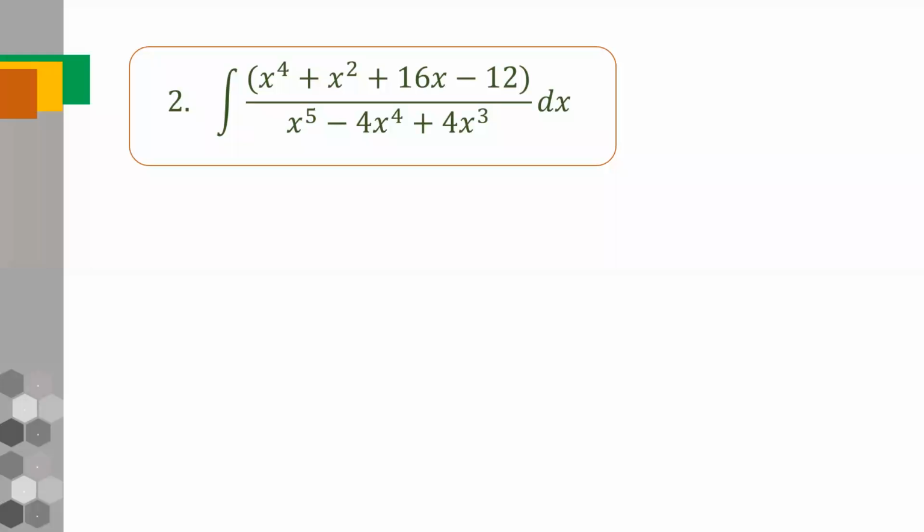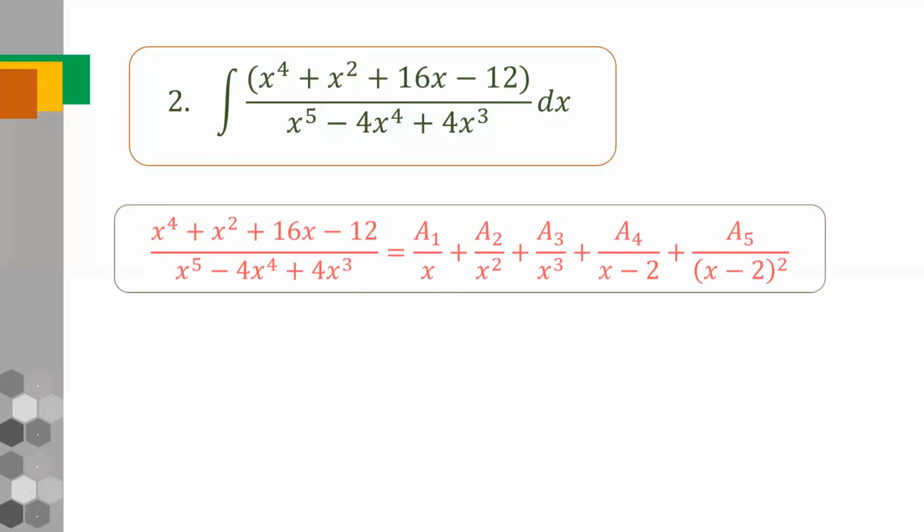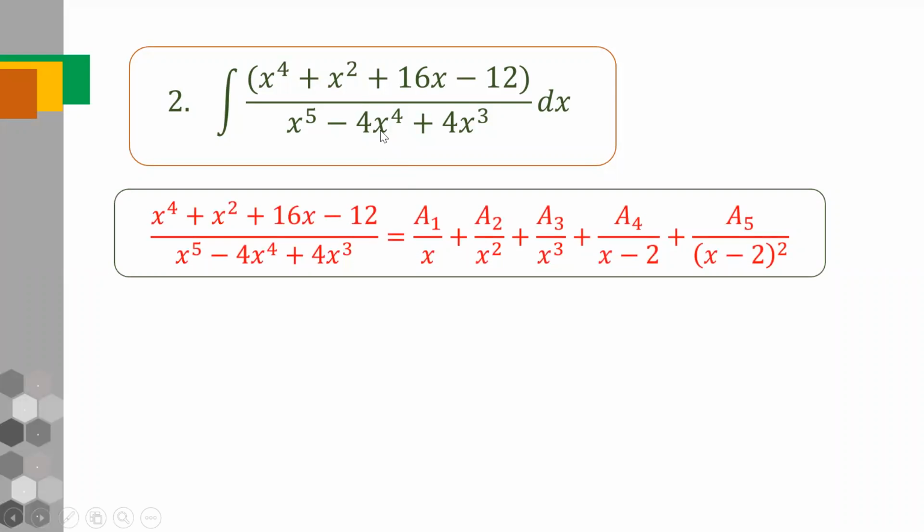Okay, our second example. The denominator, x⁵ - 4x⁴ + 4x³, can be factored into x³ times (x - 2) squared. This means we have a repeated x thrice, and x - 2 is also repeated twice.